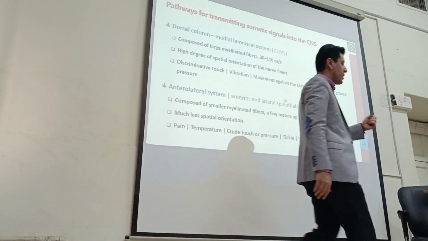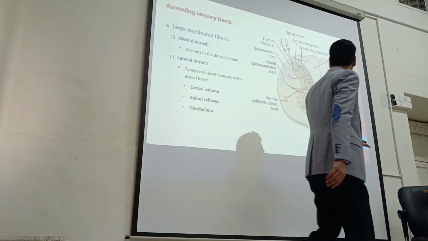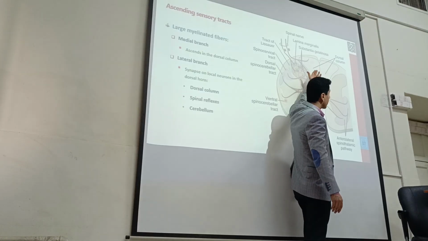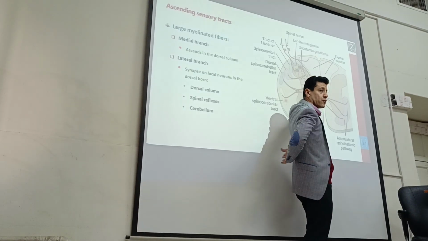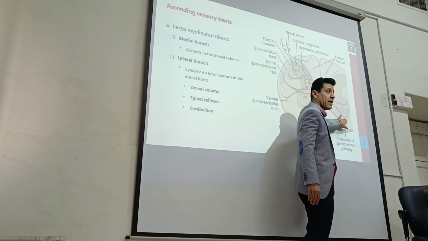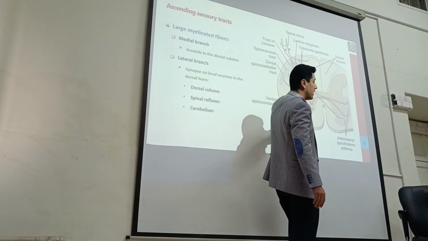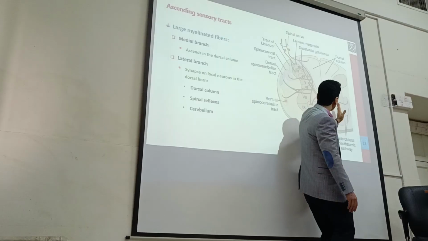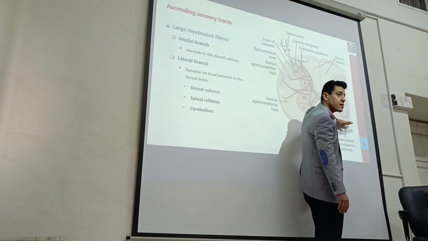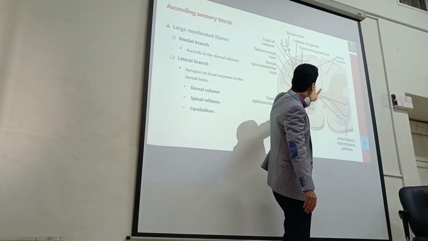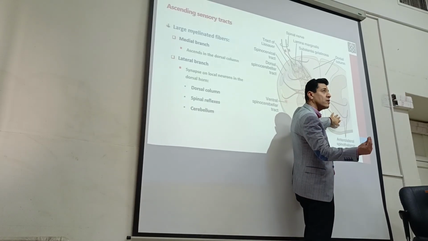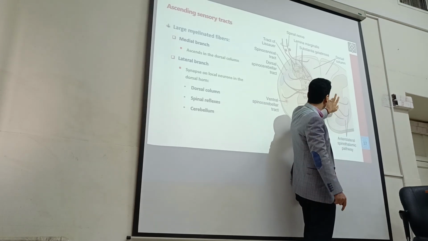Dorsal columns are located at the posterior side of the spinal cord, toward the back. But the anterolateral system is located to the lateral side and partly to the anterior side. So we have 2 parts in the spinal cord for transmission of signals to the brain.